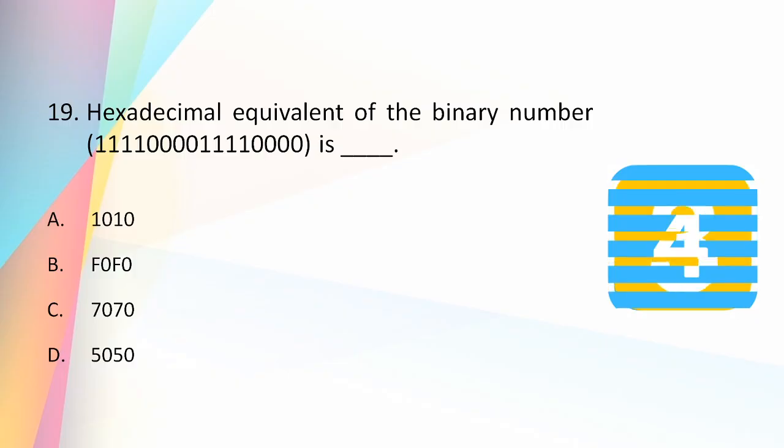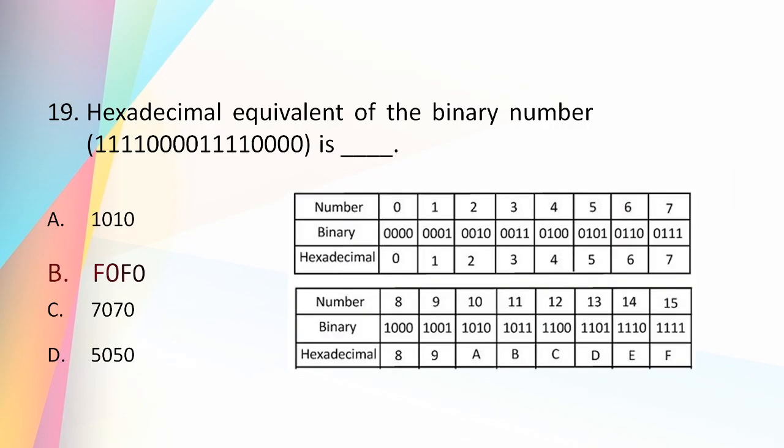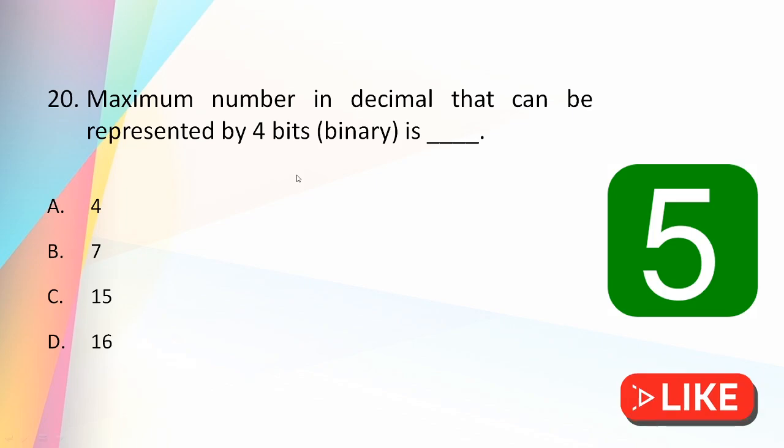And the answer is F0F0. When converting a binary number into a hexadecimal number, we form groups of 4 and then convert each group into its hexadecimal equivalent. 0000 means a 0 and four ones as a group means F. So the answer will be F0F0.